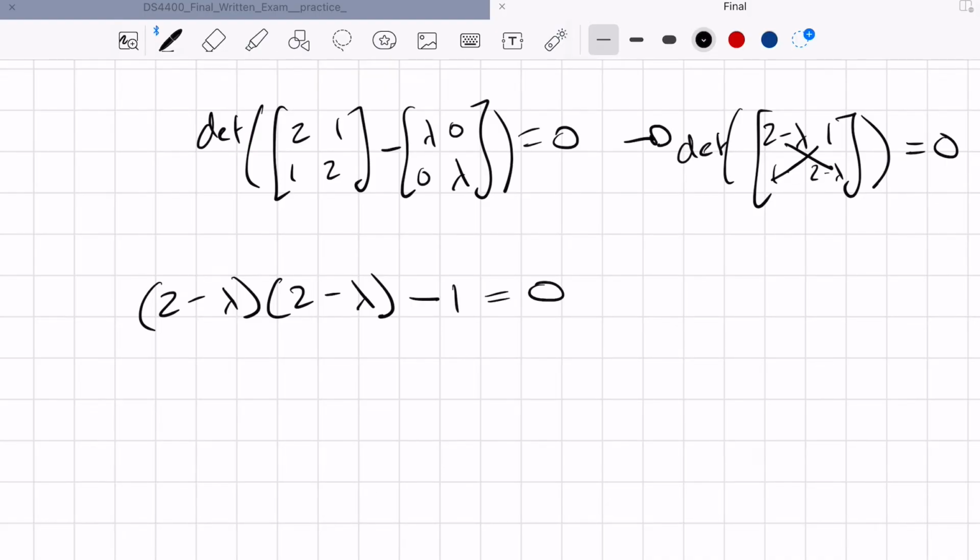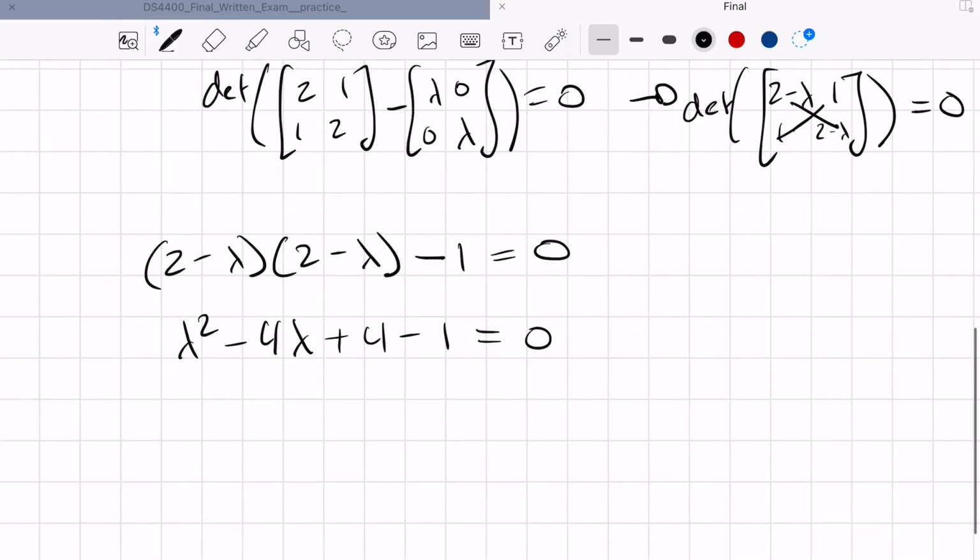It's equal to 0. So if we simplify this out, we get lambda squared minus 4 lambda plus 4 minus 1 equal to 0, which simplifies to plus 3.